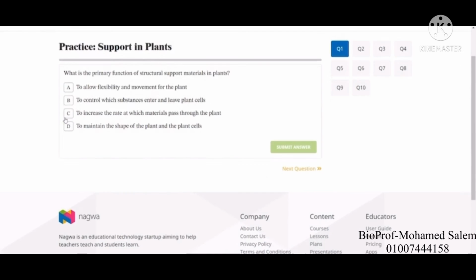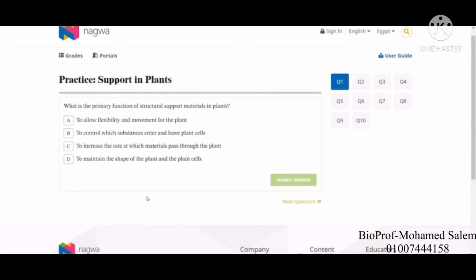First question, what is the primary function of structure support materials in plants?